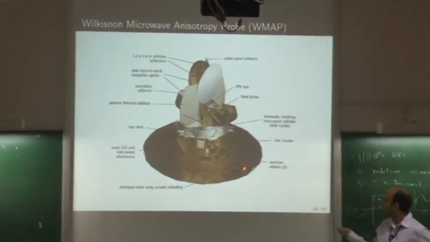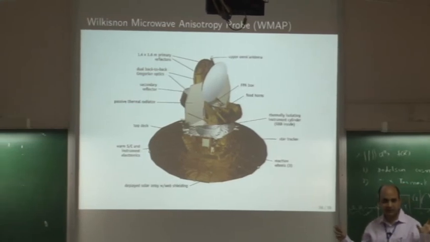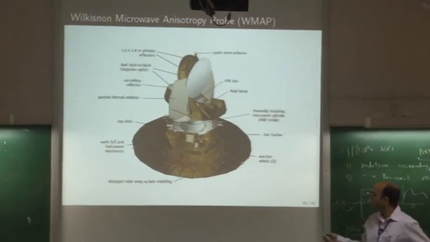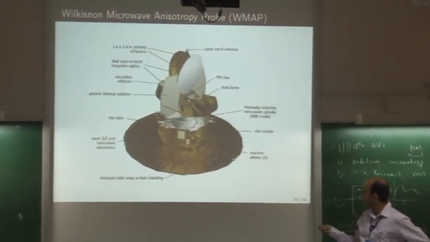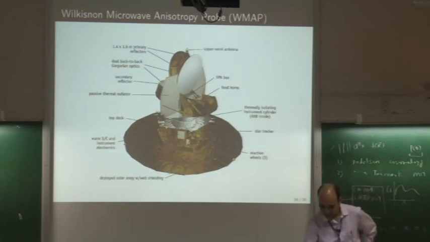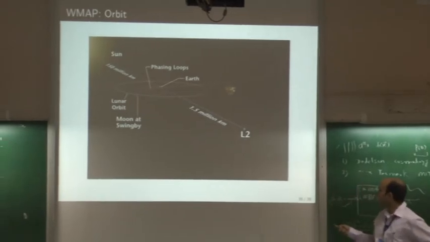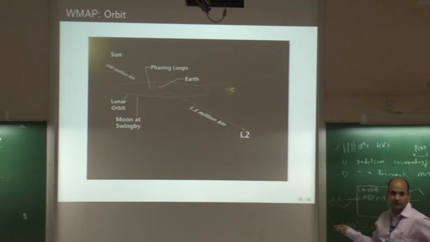This is the WMAP satellite. It has these telescopes, and it can measure temperature along 2 directions in the sky at a time. Its receiver is kept at very low temperature. I don't want to go into the detail of the electronics. This is where the instrument is kept: this is Earth, this is Sun, and there is something called L2, the second Lagrangian point.